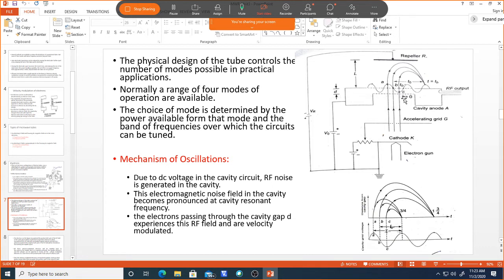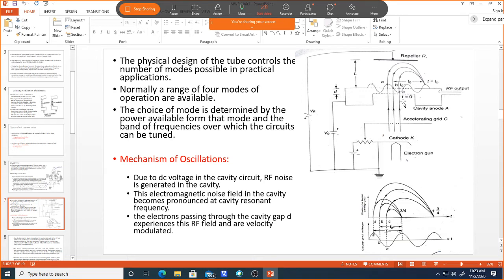So when these electrons pass the cavity, some will be accelerated, some will pass with the same velocity, and some will decelerate. This is what we call velocity modulation.